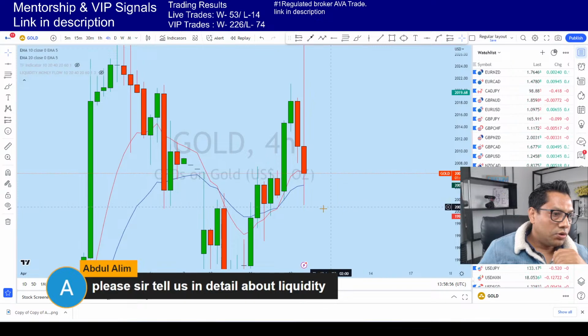You can see it crossed quite a few candles' lows.